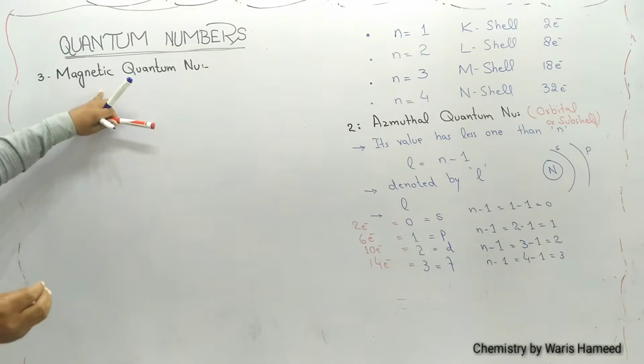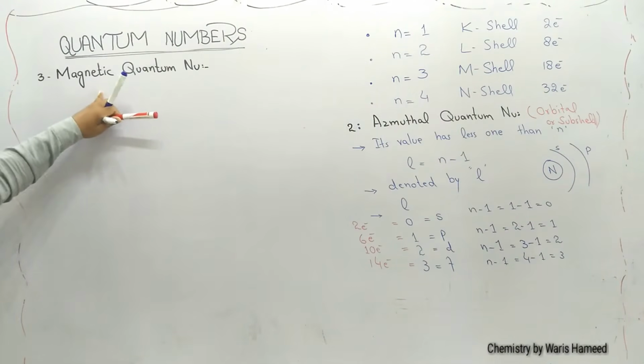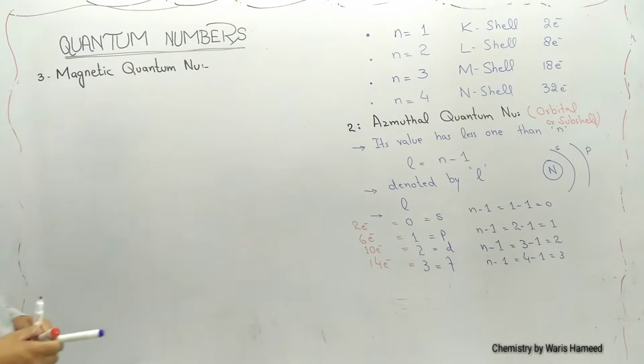This quantum number can give us information about the magnetic behavior of the atom.